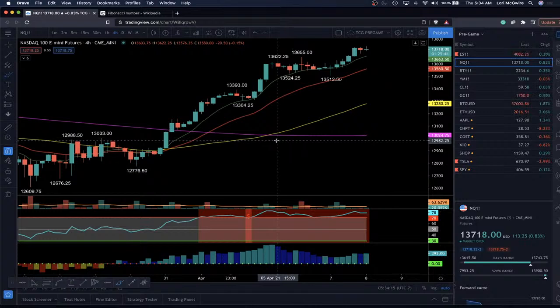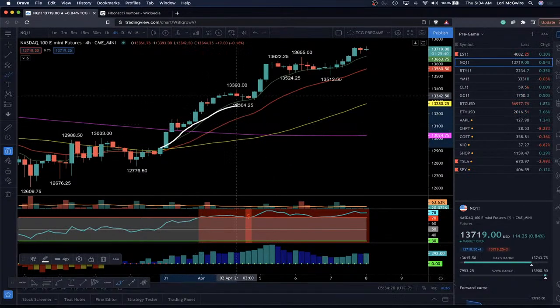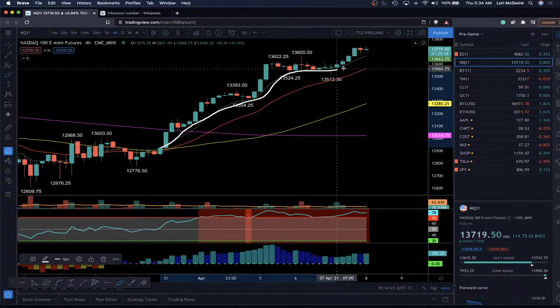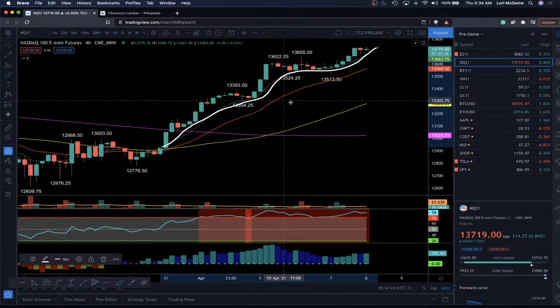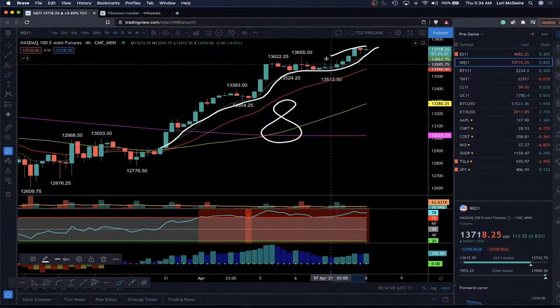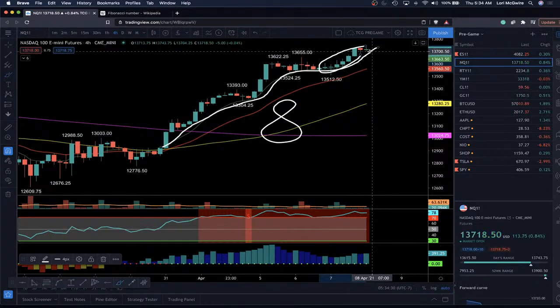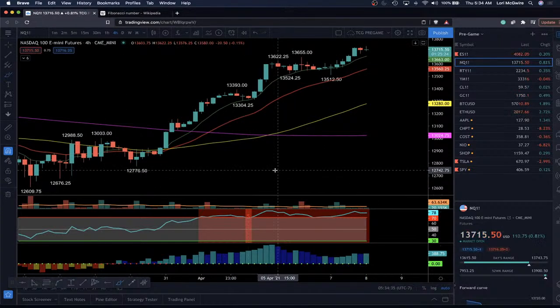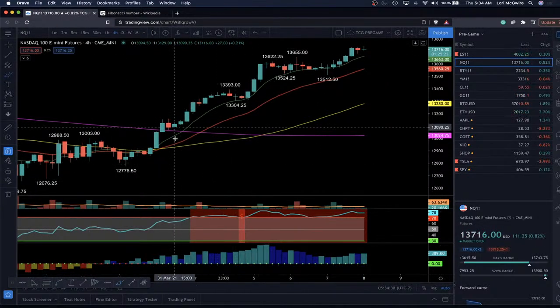So we have a trend trade. What's a trend trade? That is when your shorter term time frame EMA holds all candle closes. So the green is the 8 EMA, which means it just measures the 8 periods preceding the current period, and it heavily weights the most recent price action. And we're holding it. We have a trend trade on NASDAQ on the 4-hour.